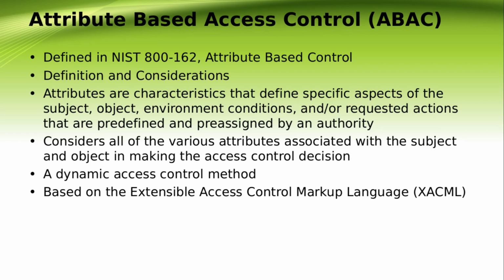ABAC is a more dynamic access control method. When attribute values change, the access changes based on the attribute change. ABAC systems are capable of enforcing both the DAC and MAC models. ABAC is well suited for large federated enterprises, though it is more complicated and costly to implement and maintain than simpler access control models.